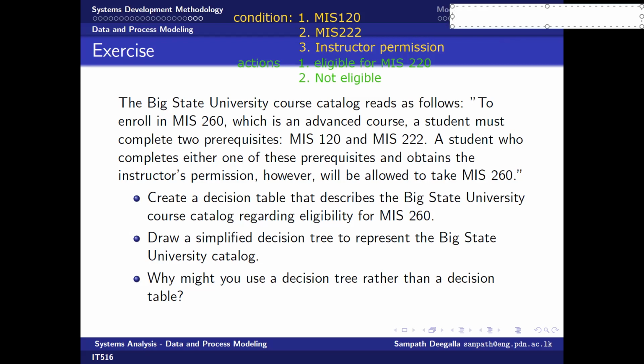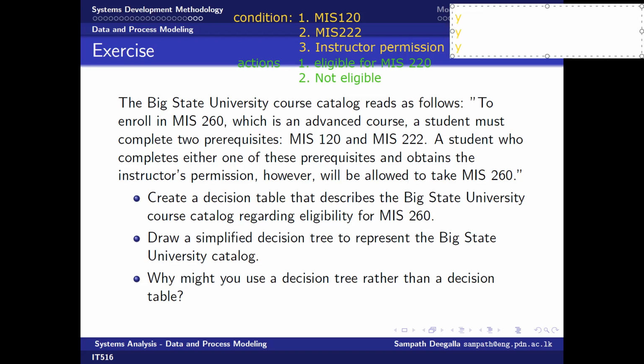I put the values: yes, yes, yes, then yes, no, no, no, and then yes, yes, no, no, yes, yes, no, no, and then yes, no, yes, no.